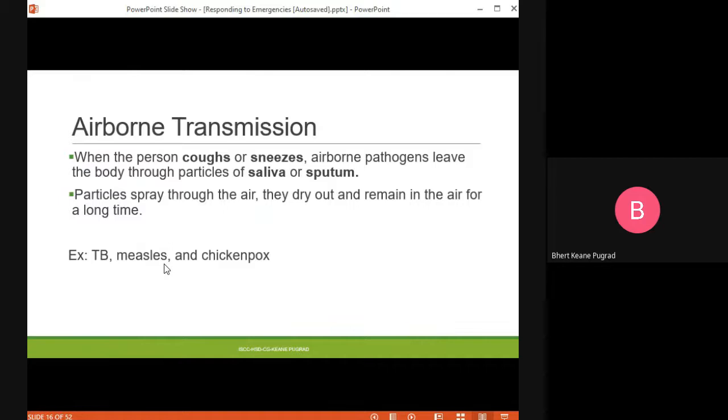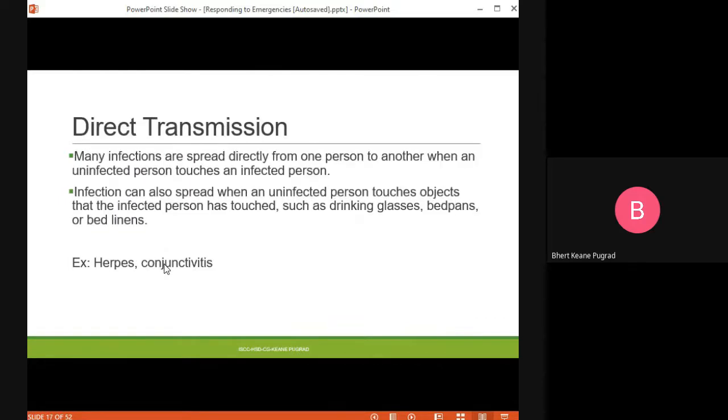That's why kapag mayroon tayong mga pasyente na may TB, may pasyente tayo na may measles or tigdas, okay, meron tayong pasyente na may chickenpox, no? Or tuko in Ilocano or in Iloco. We need to observe airborne precaution because those are infections that can be transmitted through airborne. Okay, so later on we will discuss how to protect ourselves from those type of infection.